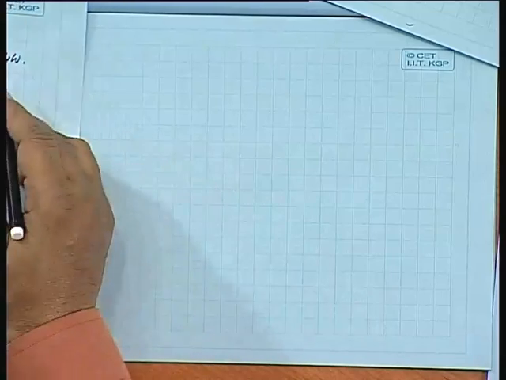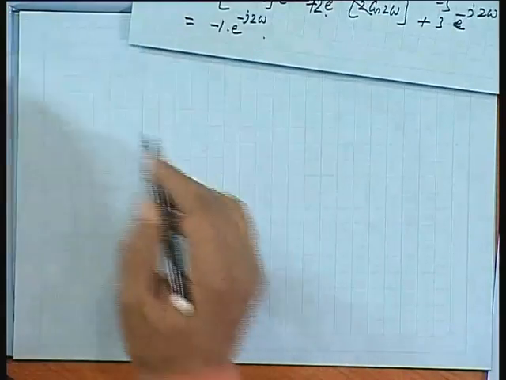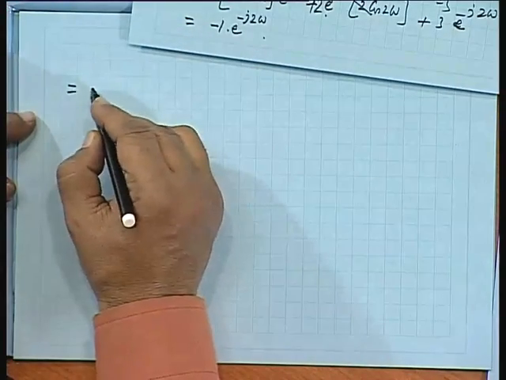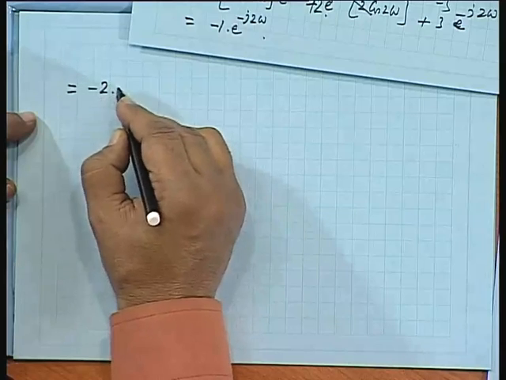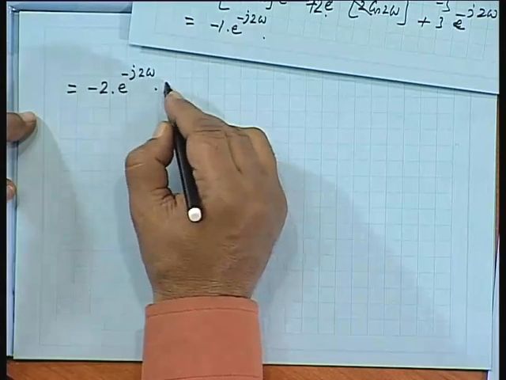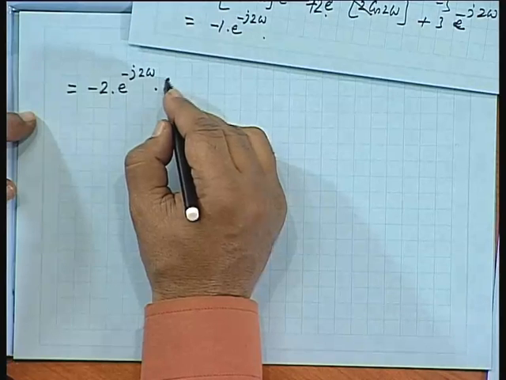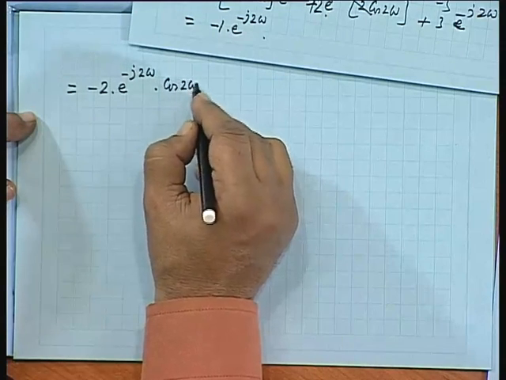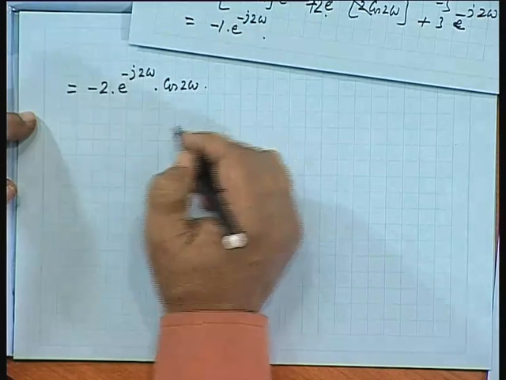Actually, it is 4 and 0, so it is minus 2 e to the power minus j 2 omega into cosine 2 omega. Is that all right? First one.